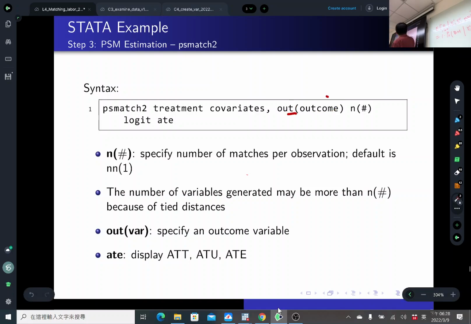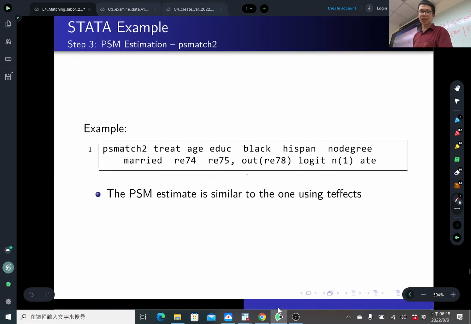This is also the number of matches per observation you want, usually 1. And logit you can also replace with probit. And ate means you want to calculate the average treatment effect for the whole sample. So it's very similar, and you can implement it like this.